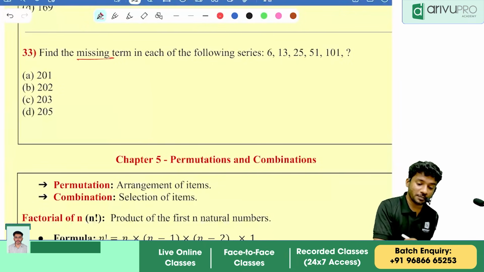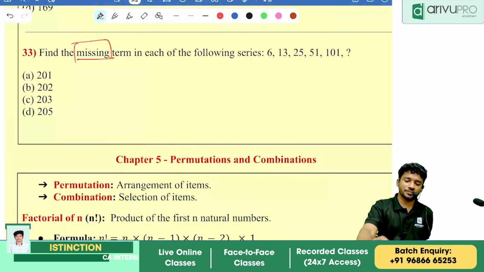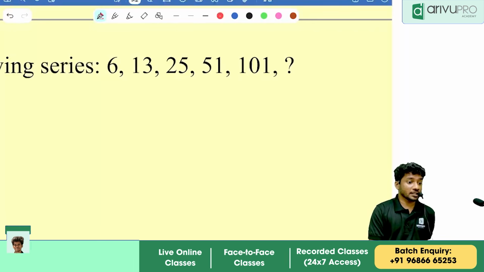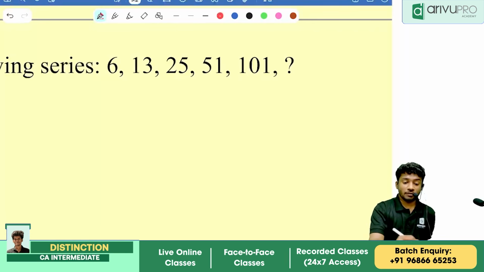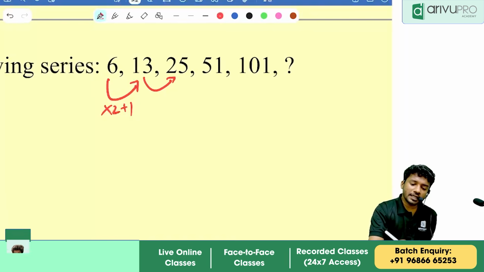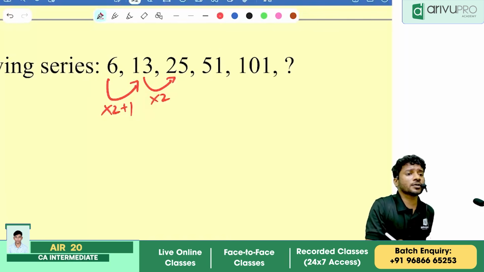Now tell me which is the odd man out of this one. Oh, not odd man, missing number. Get me the answer. If you are clueless, take the common difference. Even after taking the common difference, if you are not getting the next one, there will be some sort of special coding. 6 into 2 plus 1 is how much? 13. 13 into 2 plus 1 is how much? 27.